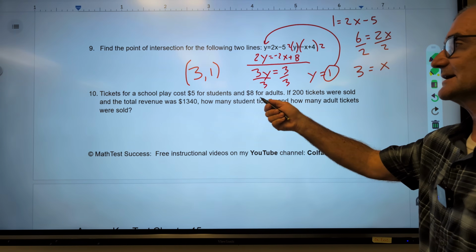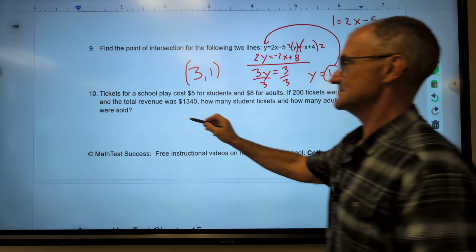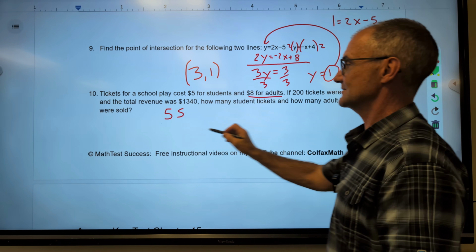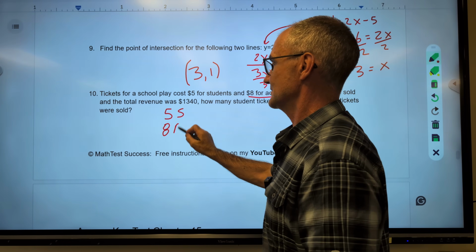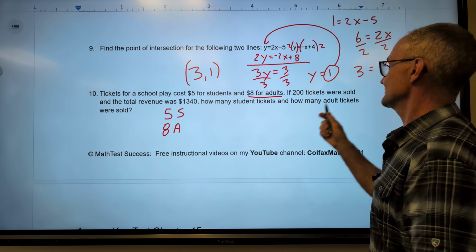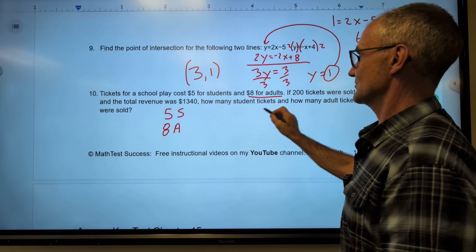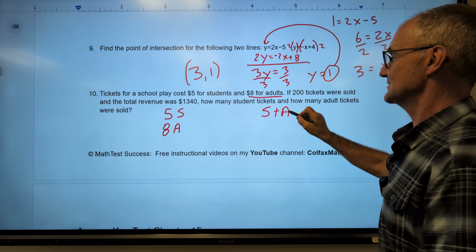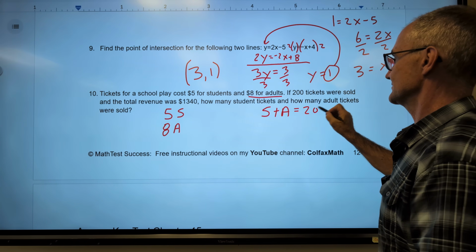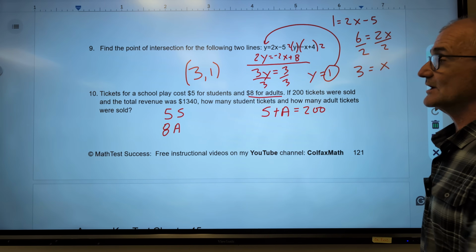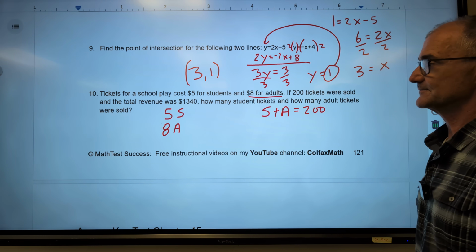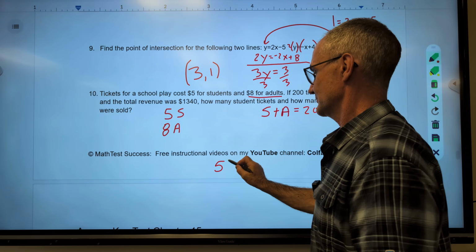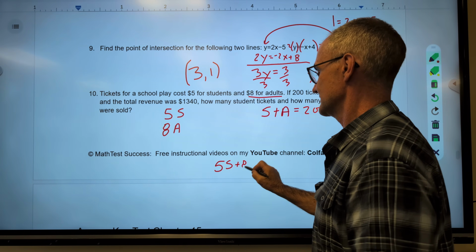Tickets for a school play cost $5 for students and $8 for adults. If 200 tickets are sold, so the total number of student tickets plus the total number of adult tickets is 200, and the revenue was $1,340, that means 5S + 8A, right?